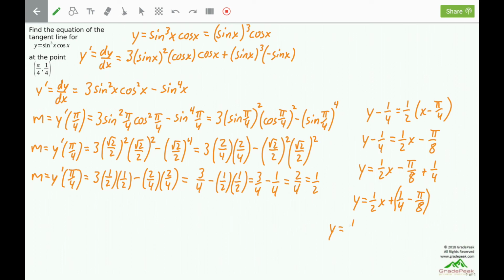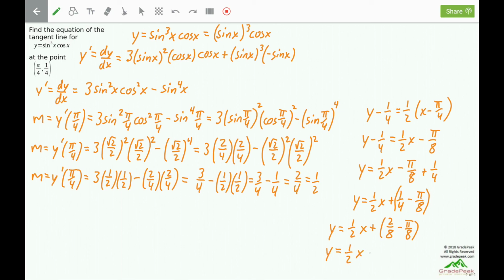And then another version for this would be multiply that first term by 2 over 2 to get the common denominator, so that'll give it 2 over 8. And now we can combine them together. So here's an alternate way to write this.